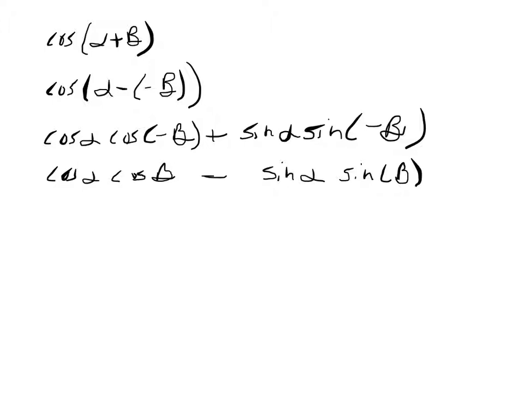So it's going to be cosine alpha cosine beta minus sine alpha sine beta. Or in other words, the cosine of alpha plus beta equals cosine alpha cosine beta minus sine alpha sine beta.